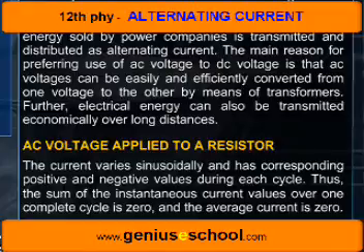AC voltage applied to a resistor. The current varies sinusoidally and has corresponding positive and negative values during each cycle. Thus, the sum of the instantaneous current values over one complete cycle is 0 and the average current is 0.